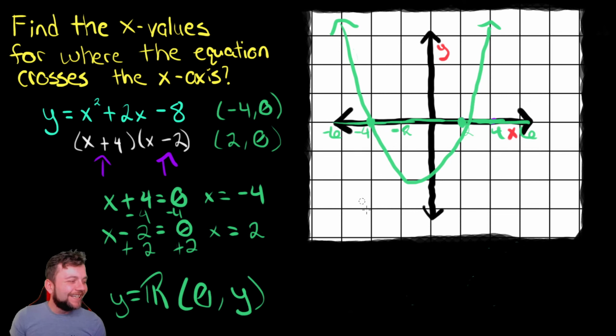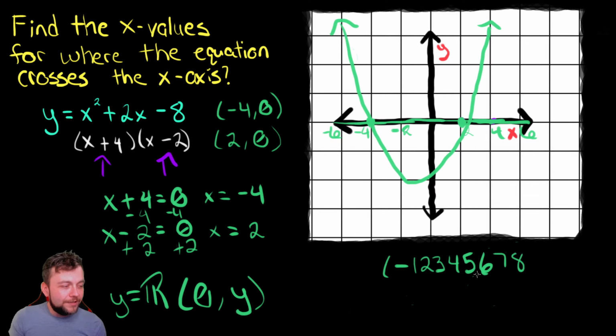Let's just say I gave you this ordered pair: negative 12,345,678, and our y value is 0.